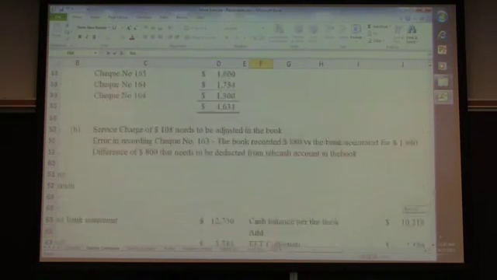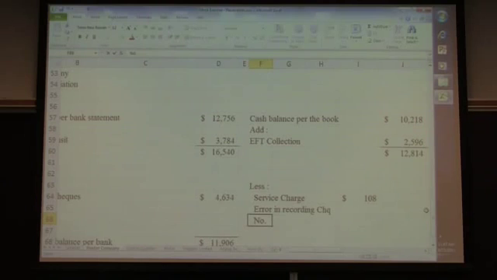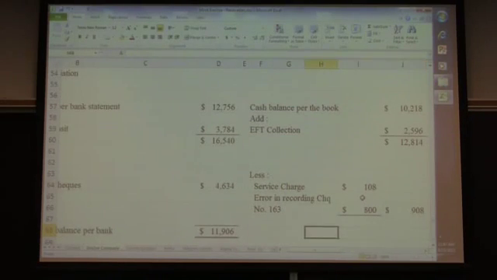It is regarding check number 163, and the difference is $800. So the total adjustments is $908.